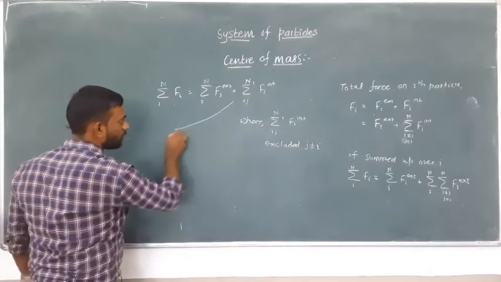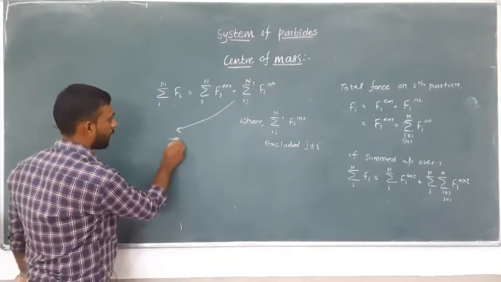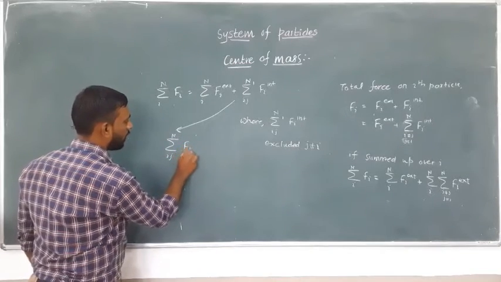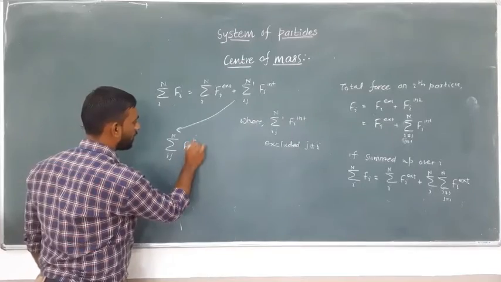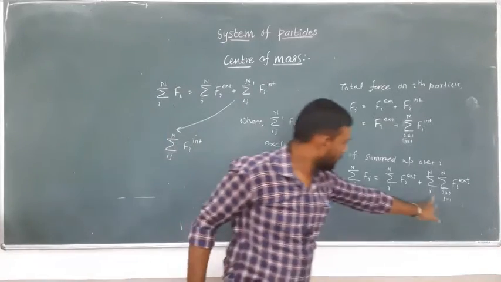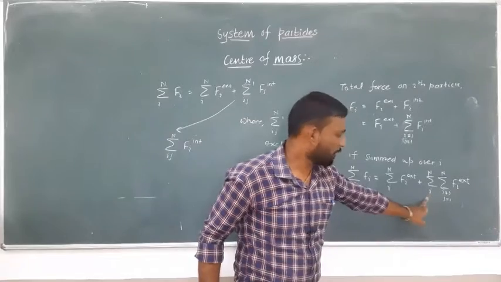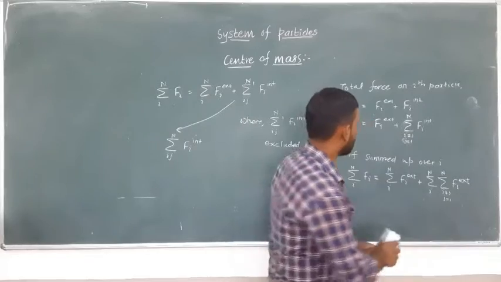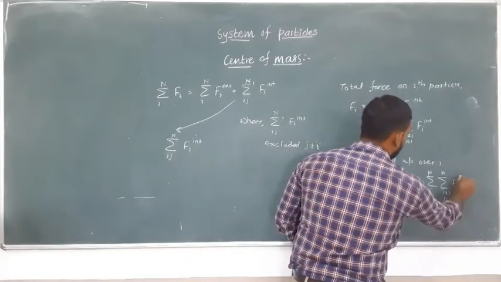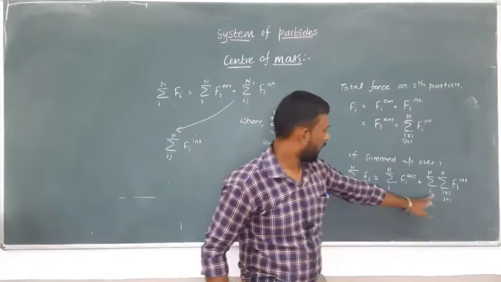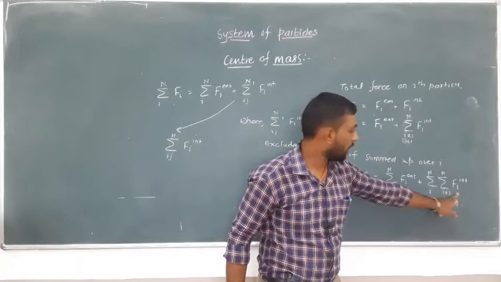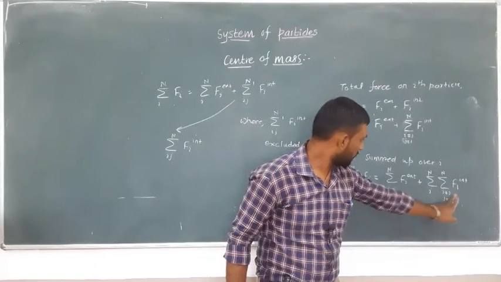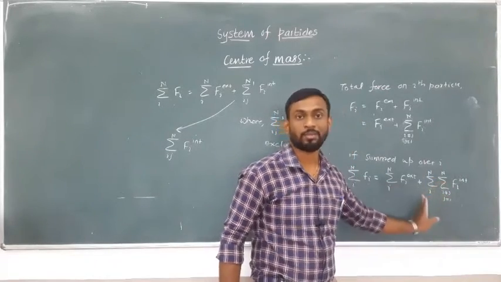And how do we write this equation? The sum over i, j runs from 1 to n, of Fi internal. Due to these two summations, the first summation indicates the force acting on the ith particle, the internal force, due to the jth particle, and again we sum over j. So it represents the force acting on the jth particle due to the ith particle.